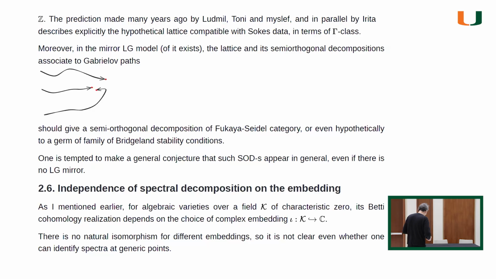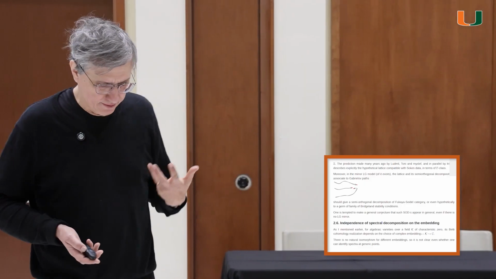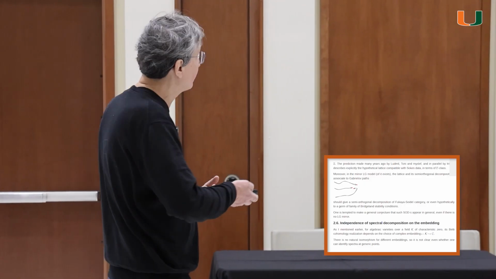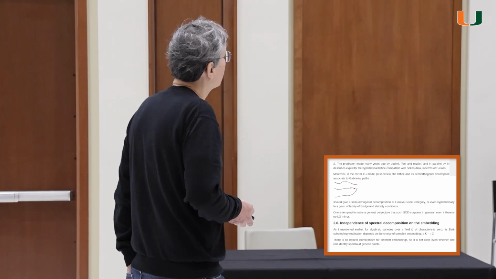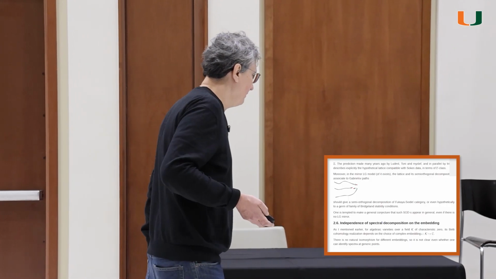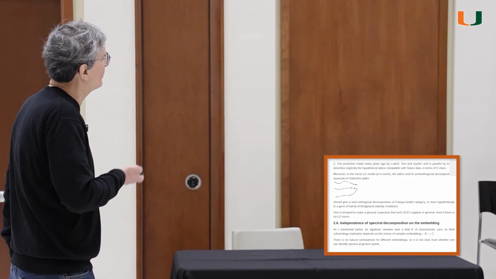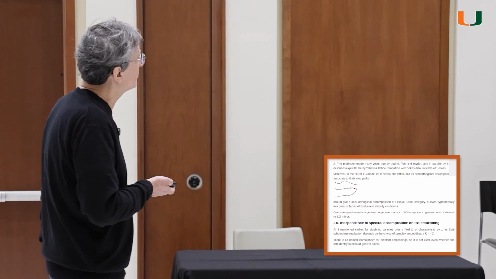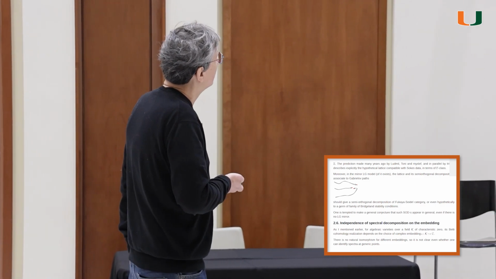more ambitious conjectures. If you have Landau-Ginzburg models, then you get these actual critical values, and then connect them by these joint paths, called Gabrielov paths, to minus infinity in the complex case, and you should get a semi-orthogonal decomposition of the Fukaya-Seidel category.